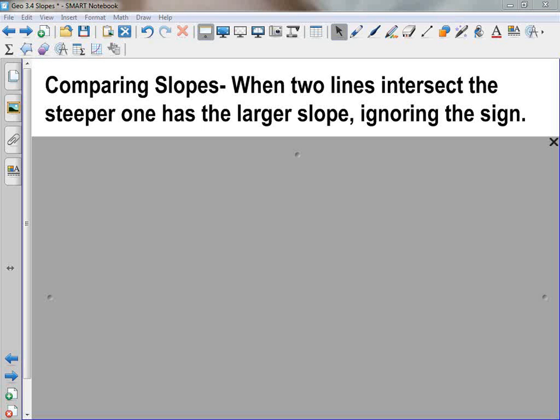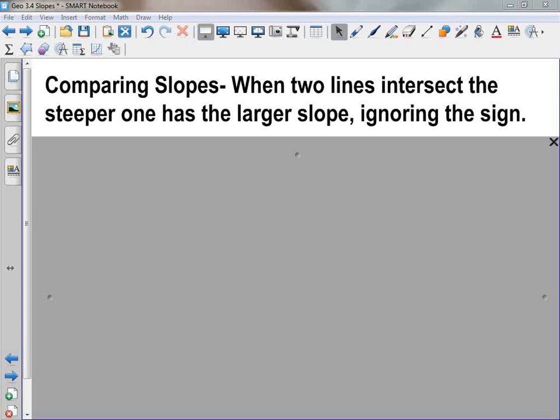And anytime that you have two lines that intersect, you know that one of them will be considered steeper. One of them will have a bigger slope, okay? Always. So if we think about this, if Griselda walks home and she walks down a hill on her way home, what type of slope would that be?